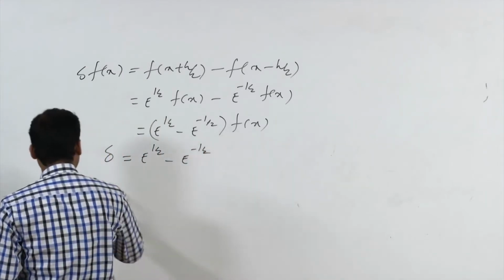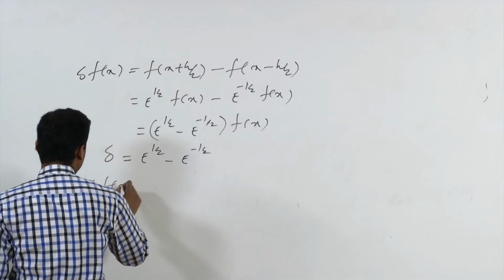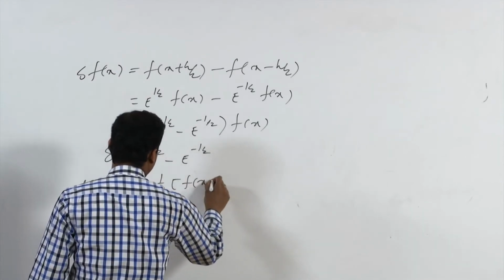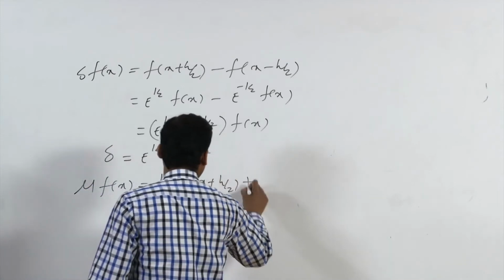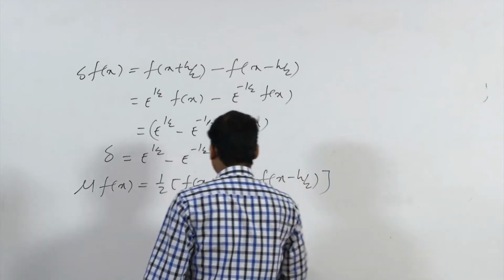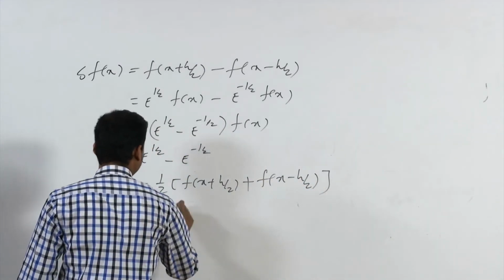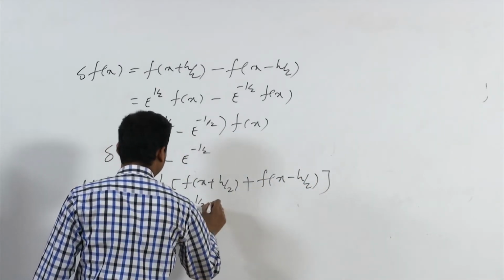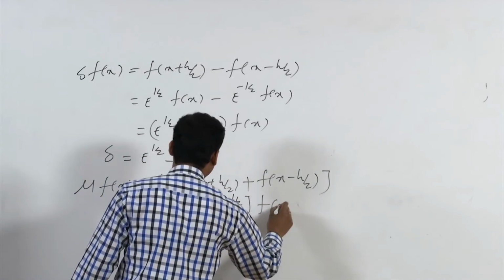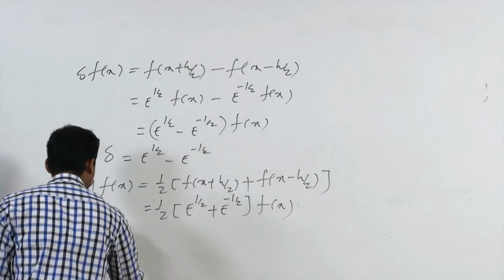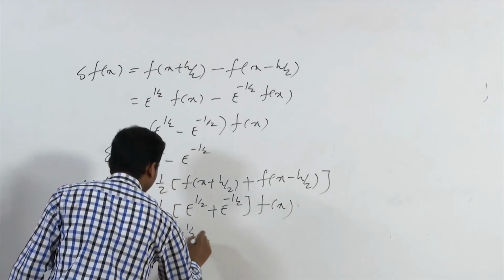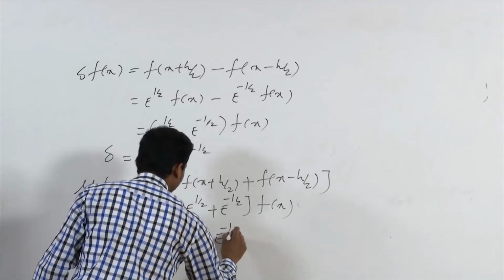Similarly, the average operator can be expressed in the form of mu f(x) as half of f(x plus h by 2) plus f(x minus h by 2). This can be expressed as half of E to the power half plus E to the power minus half operated on f(x), and hence we can express mu as half of E to the power half plus E to the power minus half here.